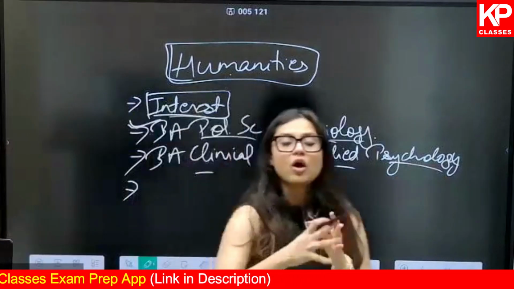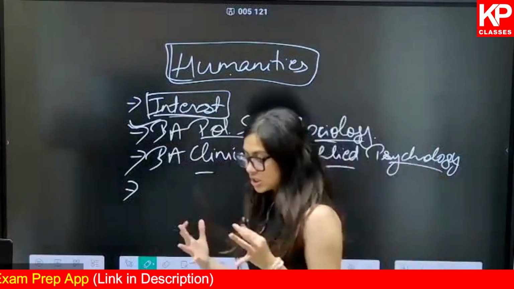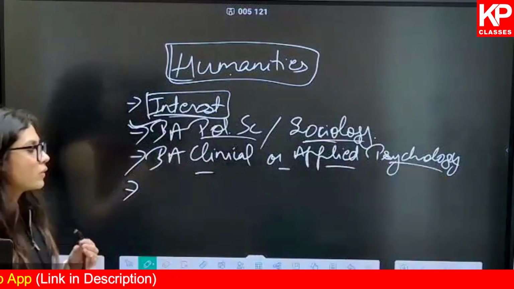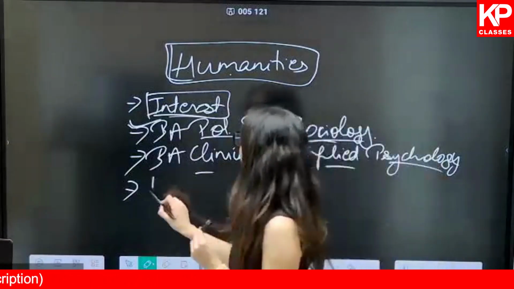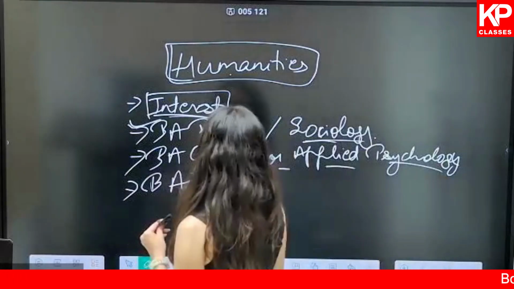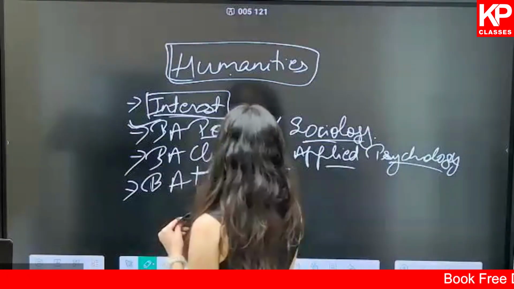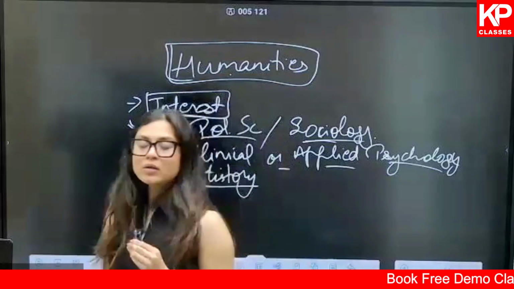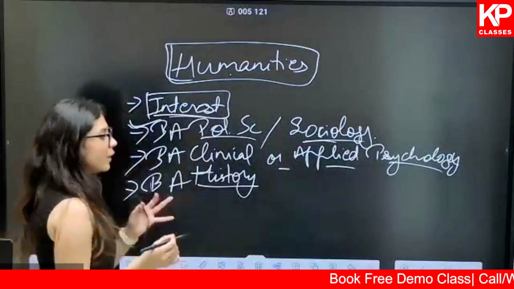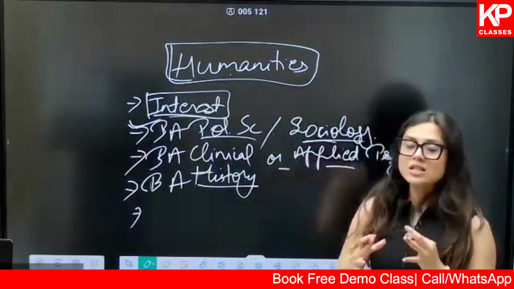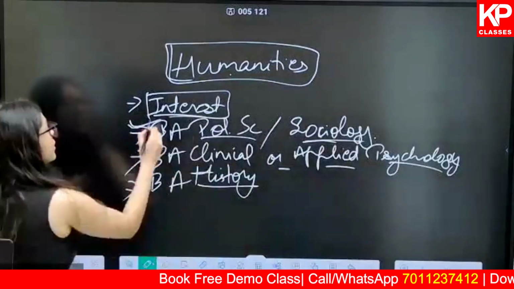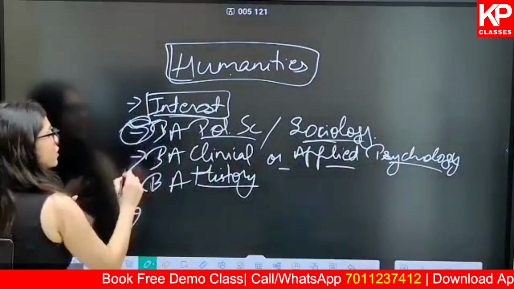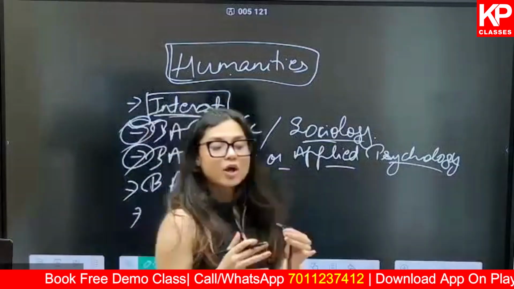The next field, if your interest is in archaeology, studying of remains and monuments, then you could go for BA history honors. But today the topmost hot favorite courses are BA Political Science Honors and Clinical and Applied Psychology Honors.